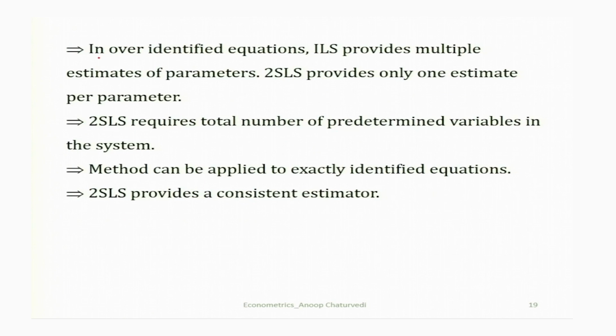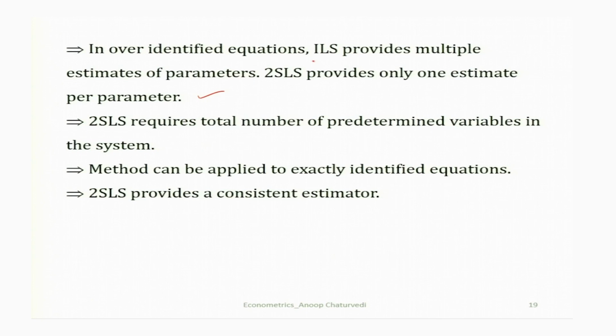So, in over-identified equations, indirect least squares provides multiple estimates of parameters, whereas 2SLS provides only one estimate per parameter. So, you get unique estimators. In two-stage least squares, you require the total number of predetermined variables in the system.